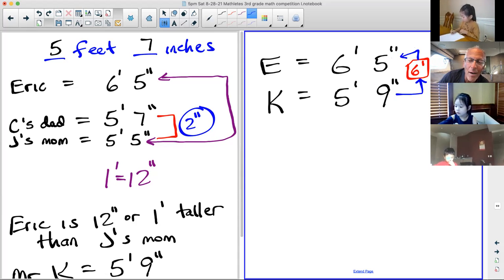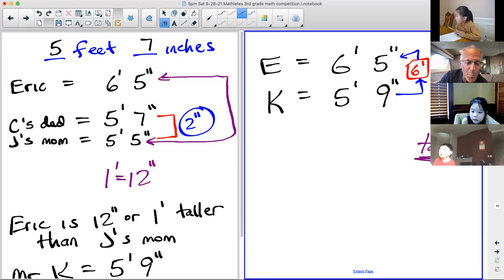And Eleanor, if you add the 5 and the 3, how much taller is Eric than his uncle, Mr. Kramer? 8. That's right. Can you believe that my nephew is 8 inches taller? Wow, that's pretty big.